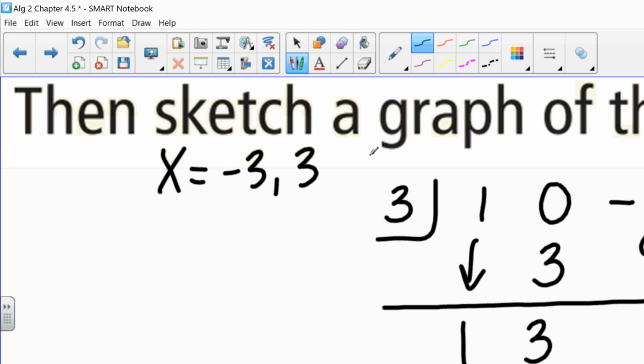Negative 18 plus 9 is negative 9. 3 times negative 9 is negative 27. Plus 0 is negative 27. And incidentally, it's actually negative 81, which is 0. So it does work.